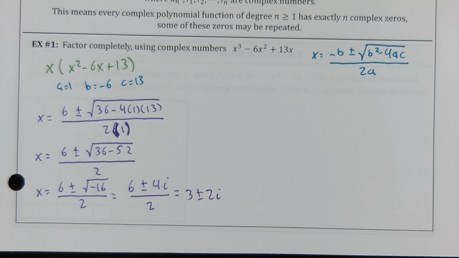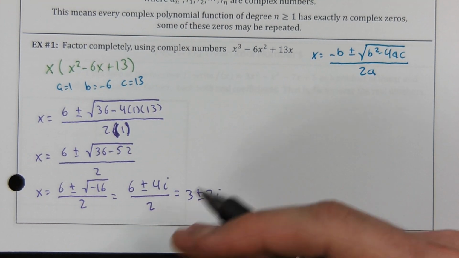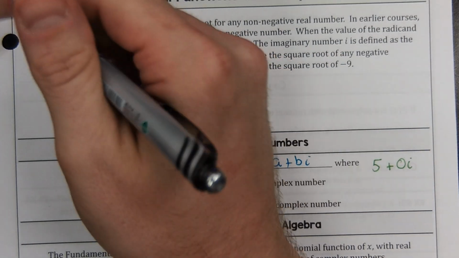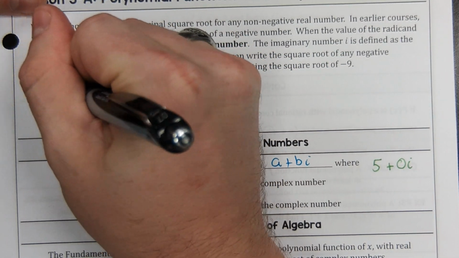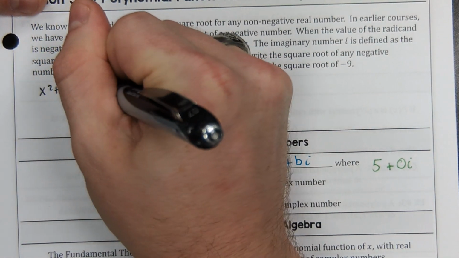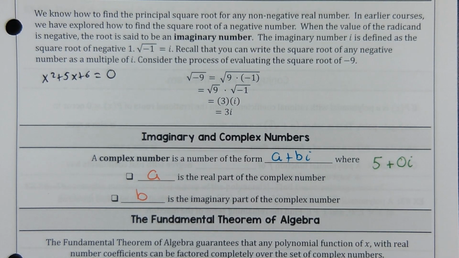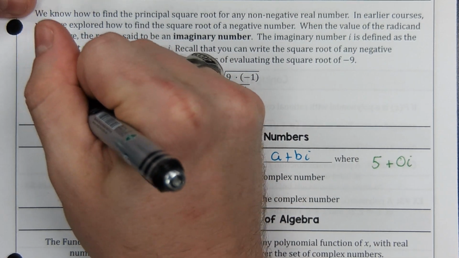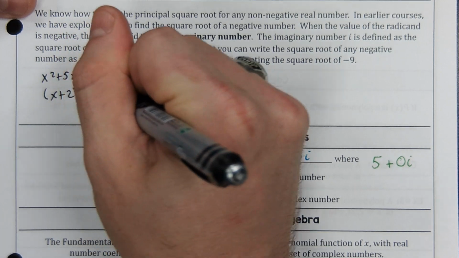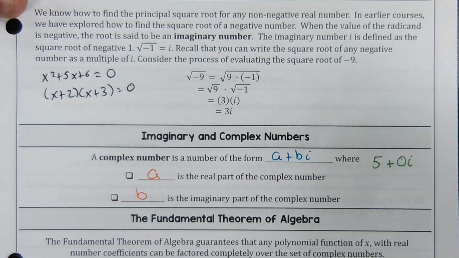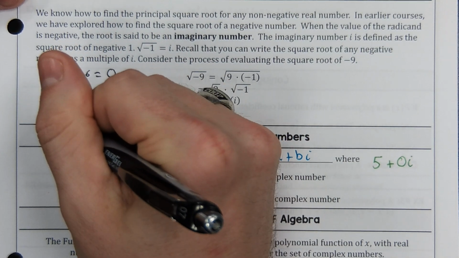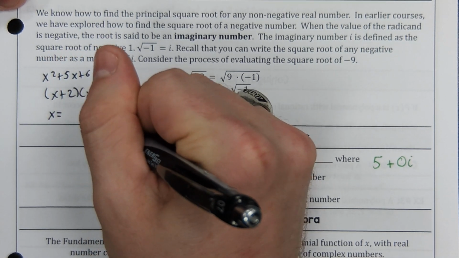In order to write this as a factored polynomial, you have to remember that when factoring or when solving, don't worry, I'm going to bring this back up in just a second, okay? I'm just going to come over here and make a quick example. Let's say I set this quadratic equal to 0 and I said solve by factoring. You would get x plus 2 times x plus 3 equals 0. So what are the two solutions then?